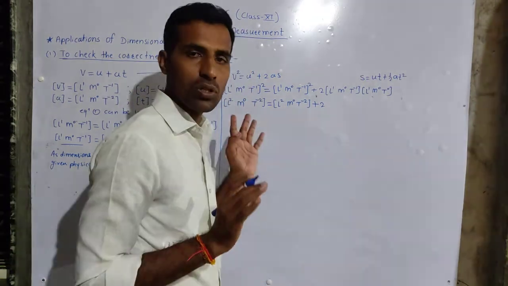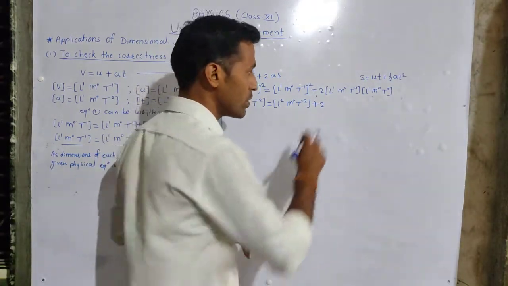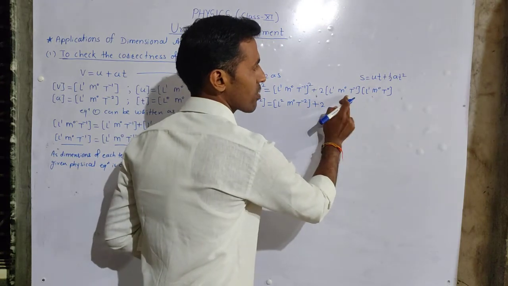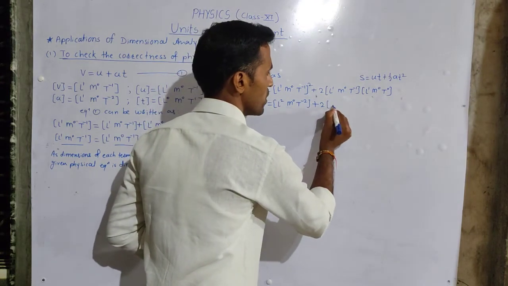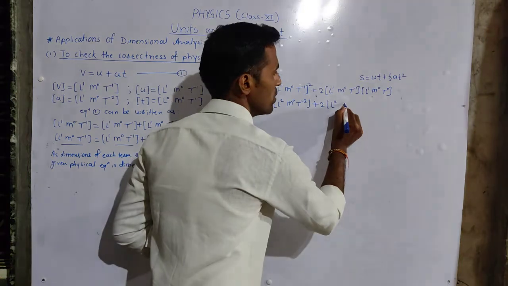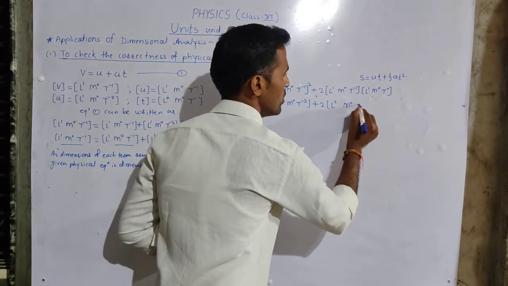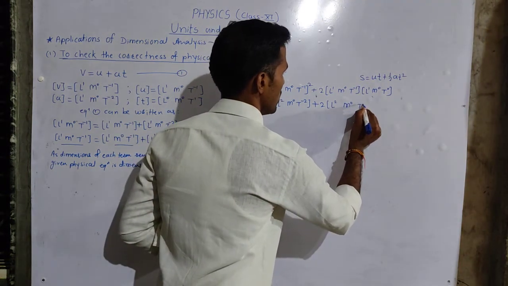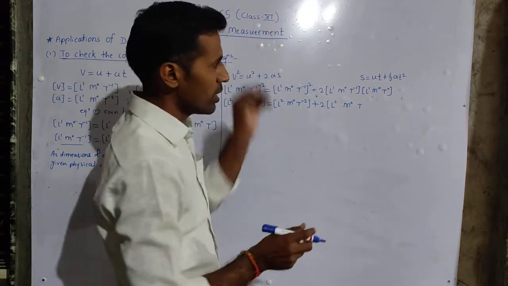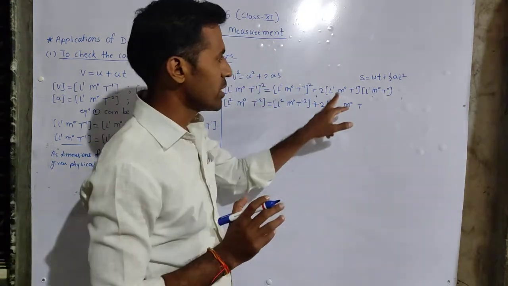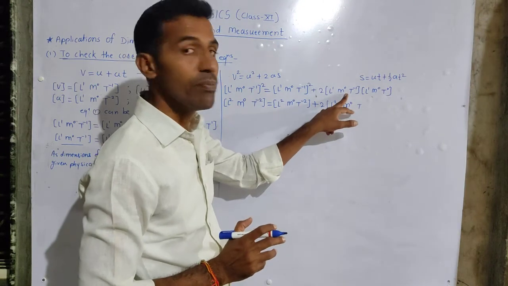There is no change in 2 because it is a constant term, and after multiplication of acceleration and displacement, we get L2 m0. Sorry, I have written the wrong dimension here.